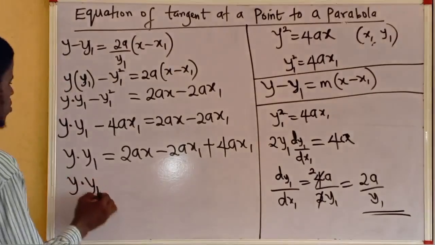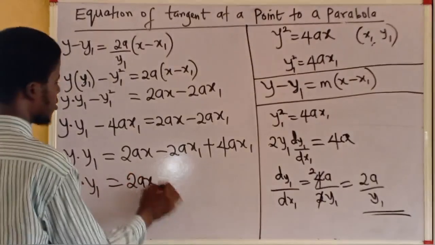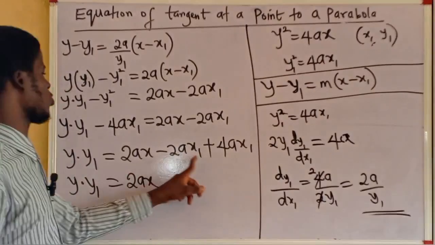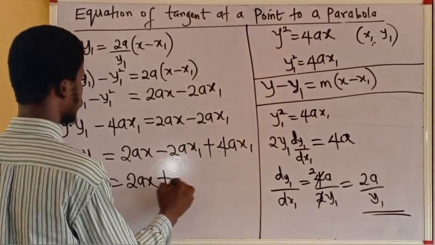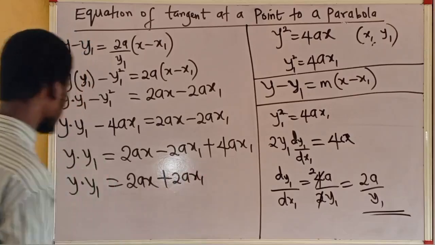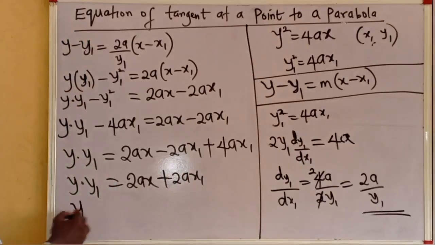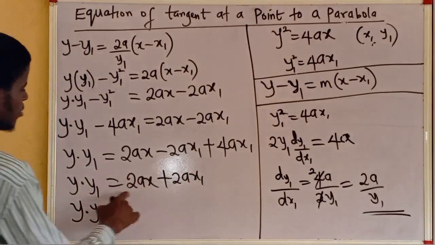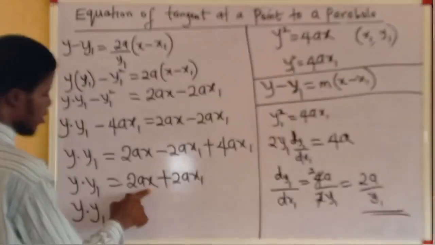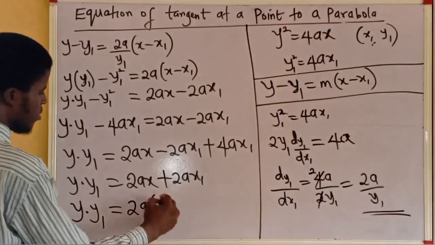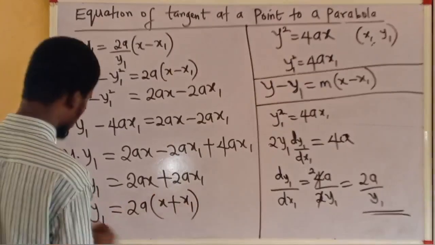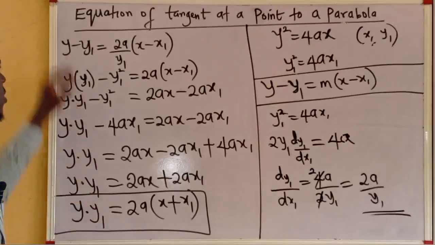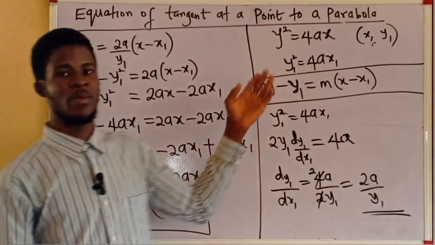So y times y1 is 2ax plus 2ax1. So finally, y times y1, if we factor out 2a, equals 2a times (x plus x1). This gives the equation of a tangent to a parabola at a particular point.